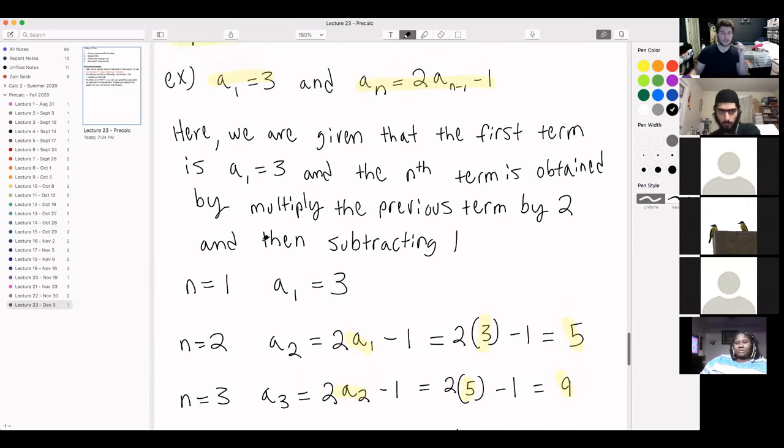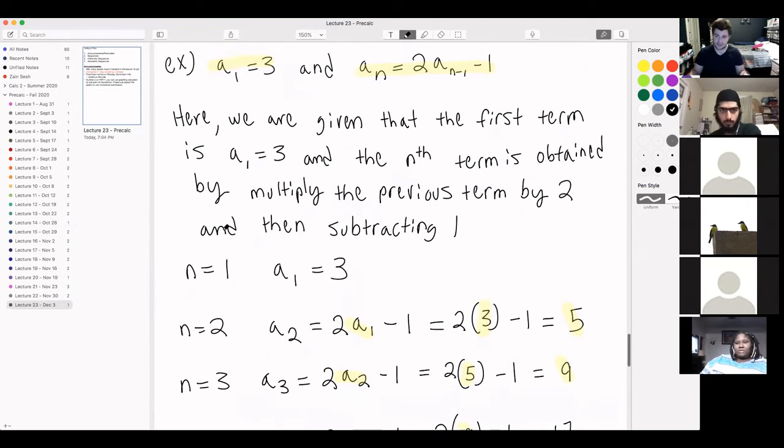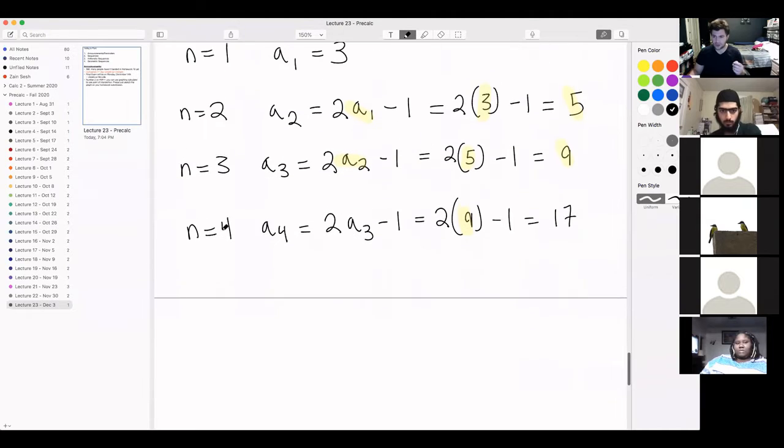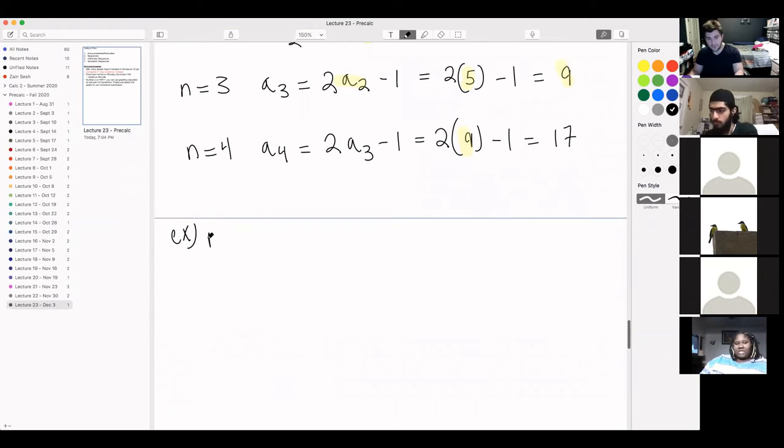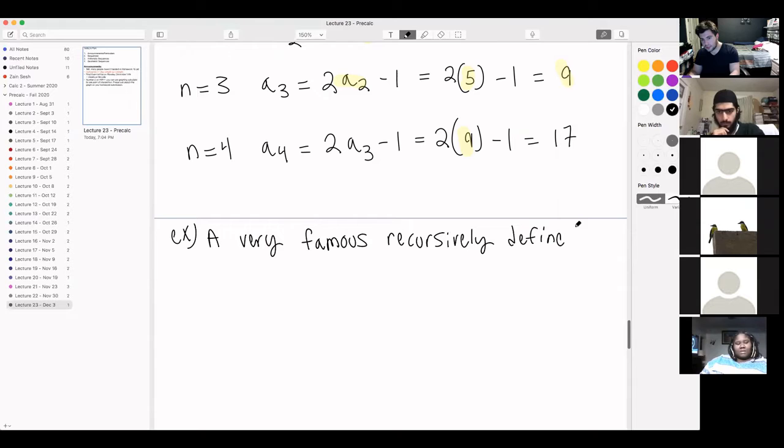Good. So we're going to do another example, a very famous example, which maybe you've heard of at some point. This is called the Fibonacci sequence, a very, very famous recursively defined sequence.